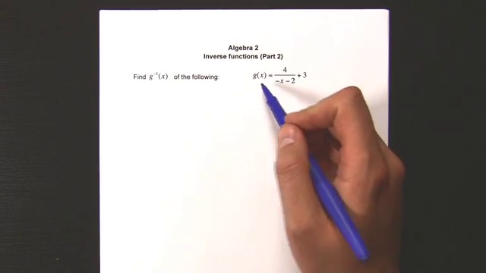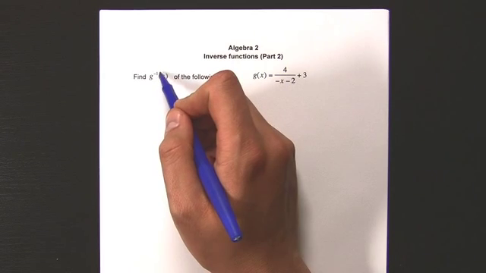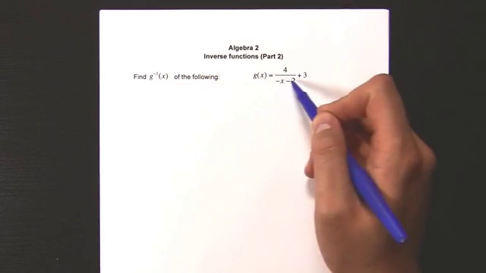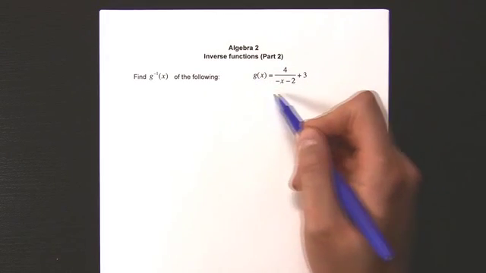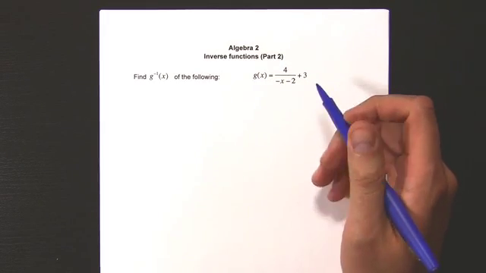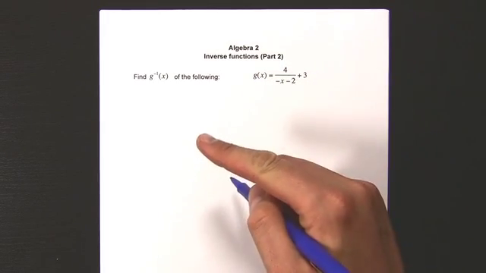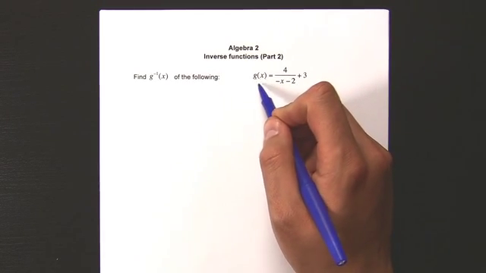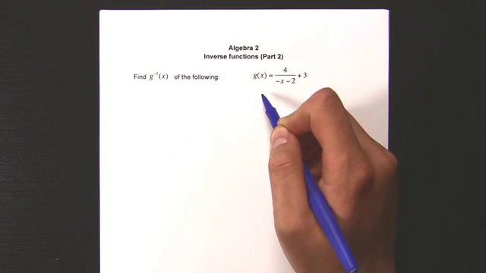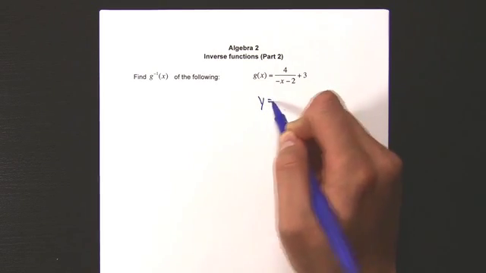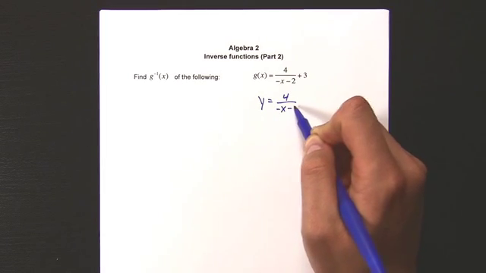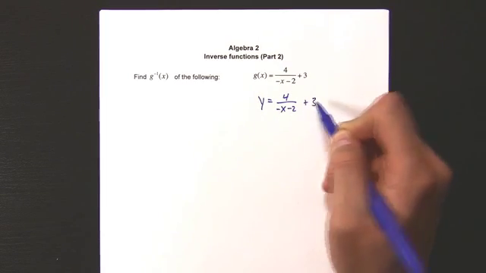So right here, it says that I need to find the inverse of the g of x function. And here is my g of x function over here. Now, just like in one of the other problems that I did, I substituted y in place of f of x. I'm going to do the exact same thing here with g of x, and I'll just change it back once I'm done with the problem.